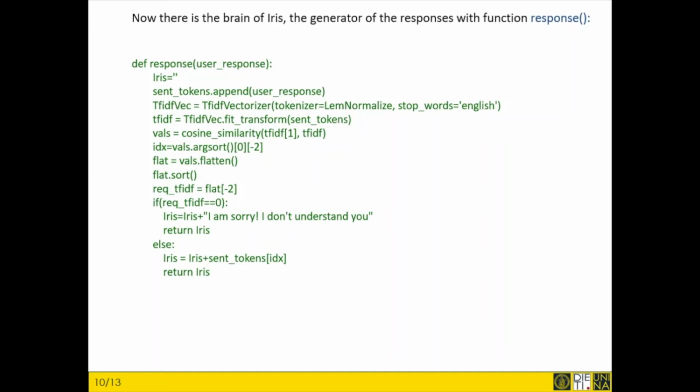This vector later becomes a matrix with the function fit_transform from the same library. Now, with the function cosine similarity, we calculate a coefficient of similarity between the last element of the list send tokens, which is the user response, and all the other sentences that are the knowledge base of the chatbot.